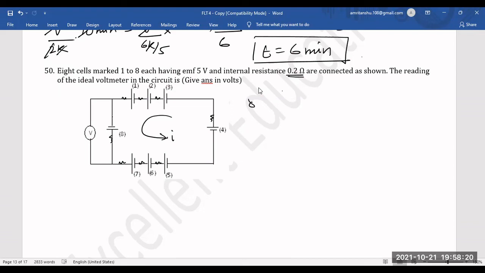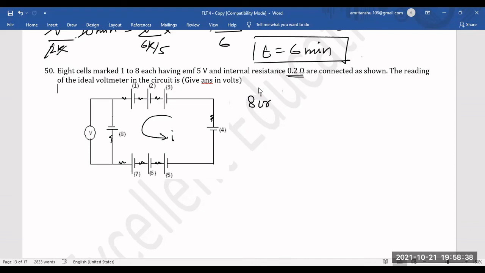It will be 8 into I into R. And you can just see 3 are in this direction, and 4 are in opposite direction.